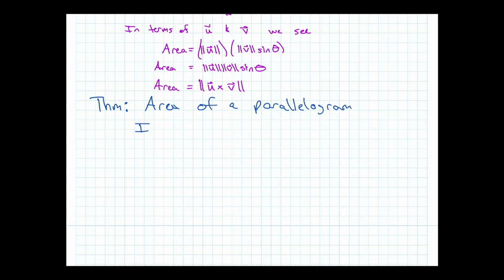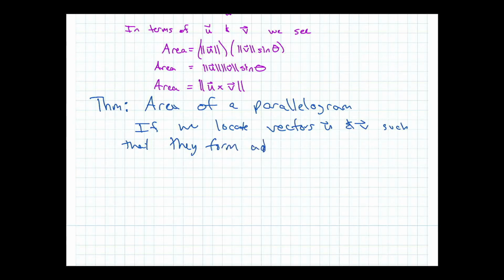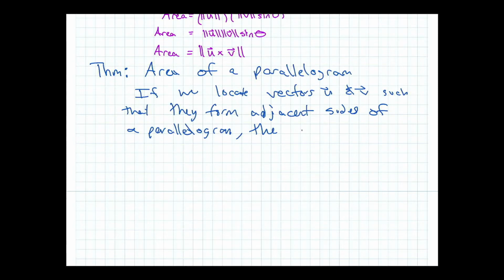If we locate vectors U and V such that they form adjacent sides of a parallelogram, then the area of the parallelogram is what we just wrote.